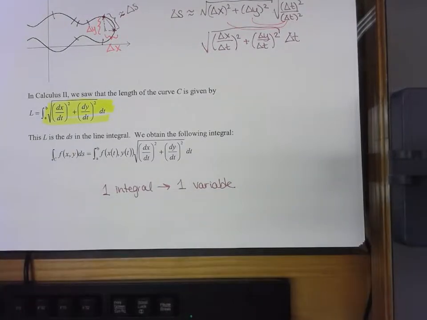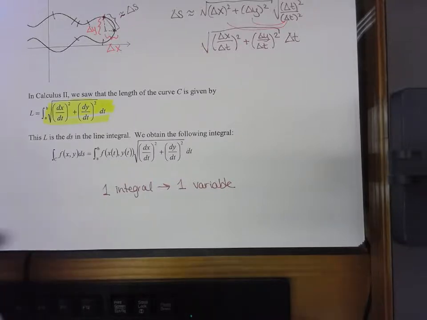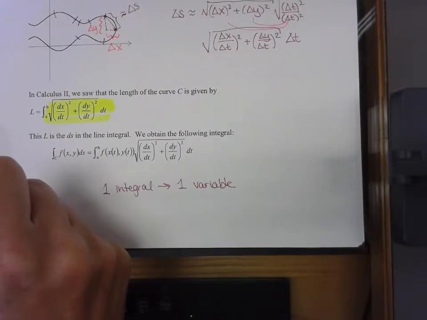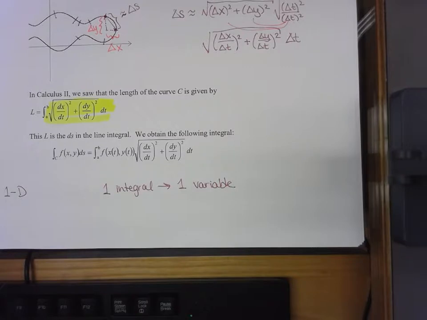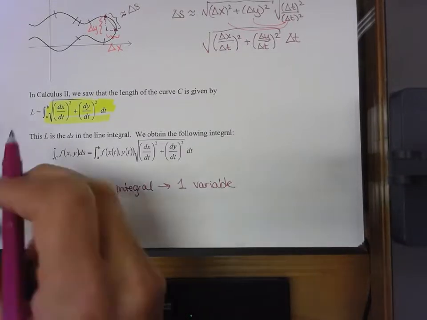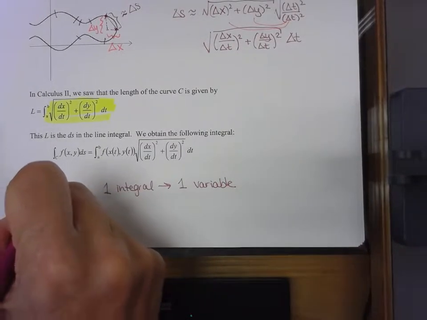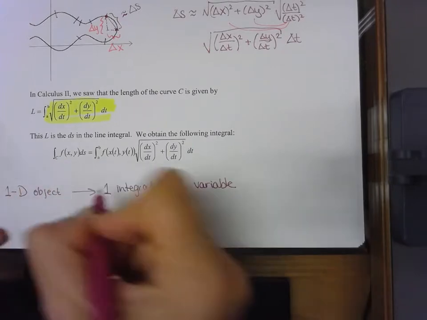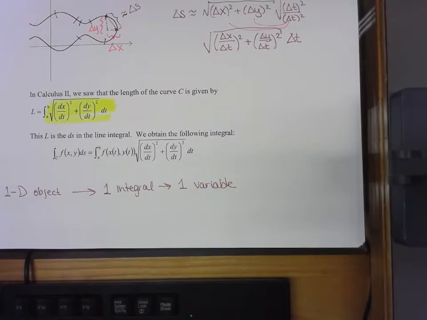But even what comes before, one integral means one variable, this capital D means dimension, so one-dimensional object. So if you have something that's just one-dimensional, then you can only have one integral.